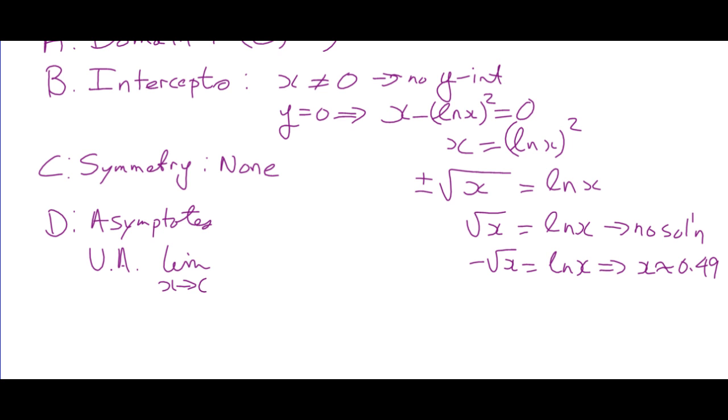So vertical asymptote: limit as x approaches 0 from above of, what was the equation? X minus ln squared x, or sorry, ln of x squared. And what's that going to be equal to?